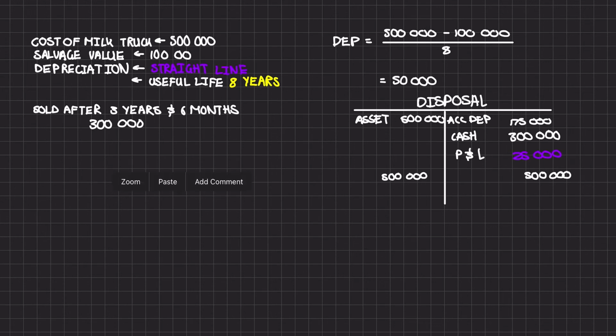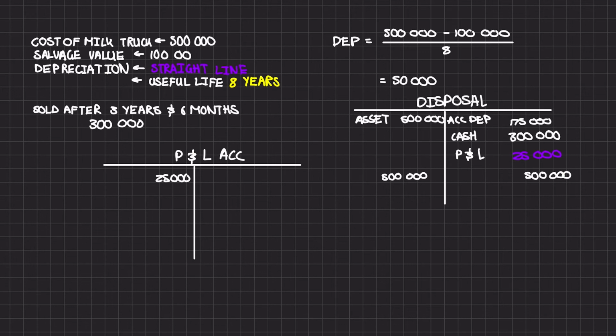And that then is another account known as our profit and loss account, right? And that is going to, again, the debit credit rule is going to come over here, 25,000, which is a disposal, which is part of the disposal account, which is a loss on sale.